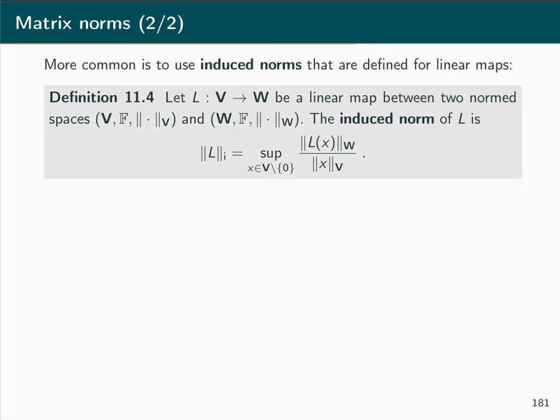So let L be a linear map from a normed space V to another normed space W. Then the induced norm of L, written here as the norm of L with a little index i, is defined as the supremum over all non-zero vectors x in the vector space V of the norm of L of x divided by the norm of x. Here, the norm of L of x is clearly the norm of the codomain W, and the norm of x is clearly the norm in the domain V.